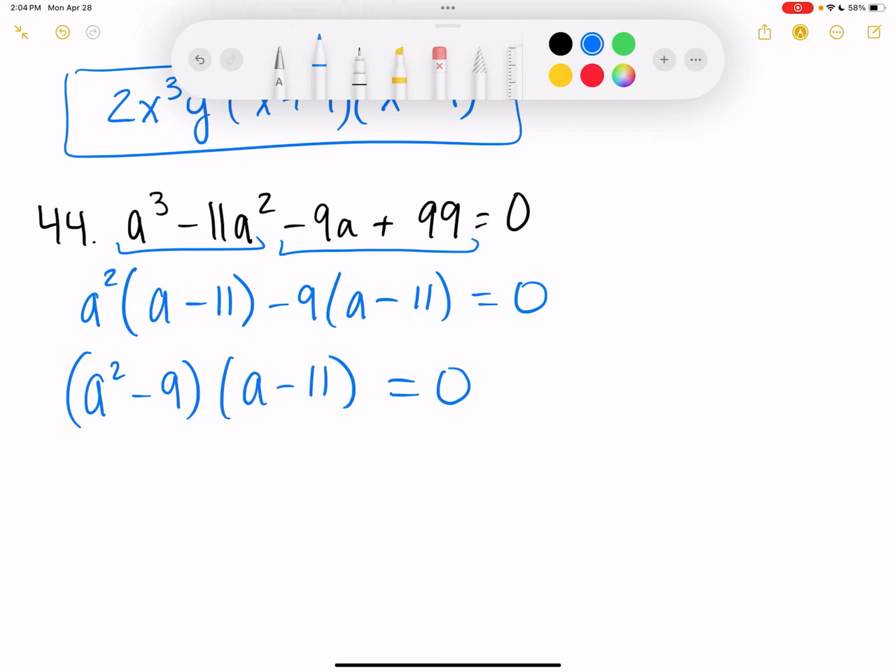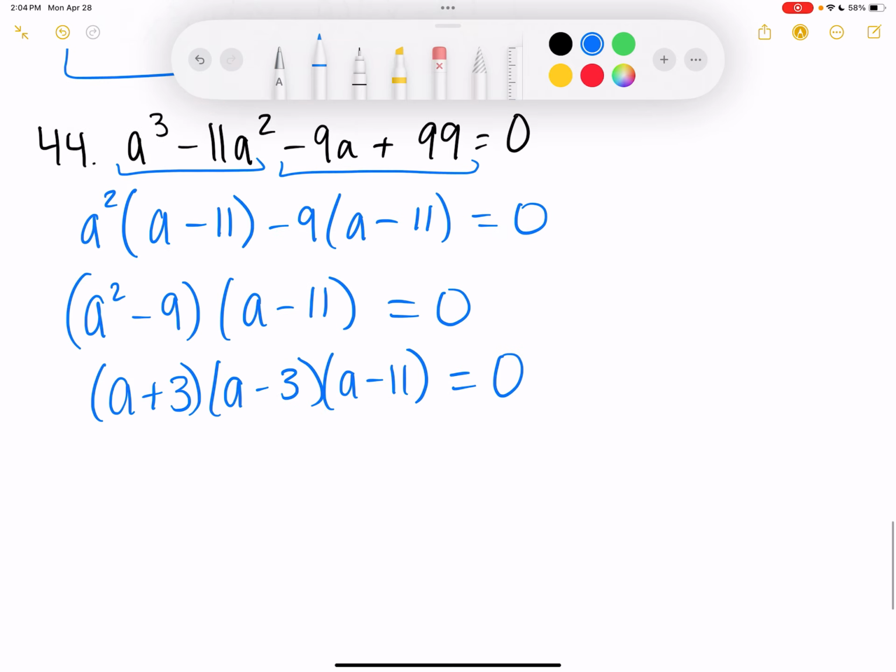Now, can I take this any farther? Yes. It'd be a plus 3, a minus 3, a minus 11 equals 0. Copy down the a minus 11, and that's all equal to 0. So what I've been having is two terms multiplied, and I was setting each of them equal to 0.